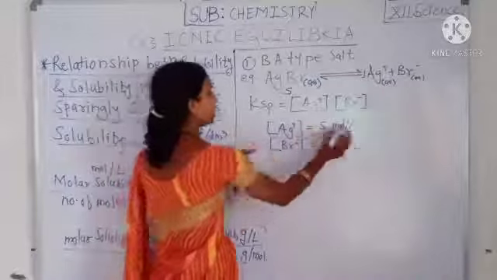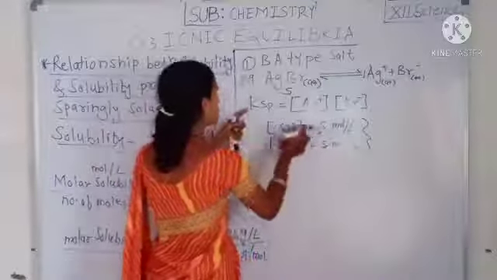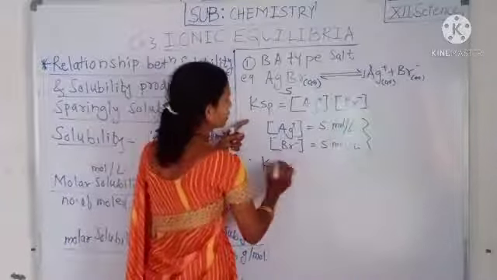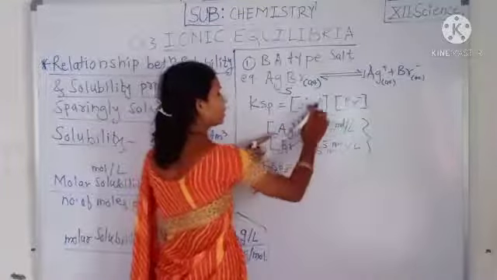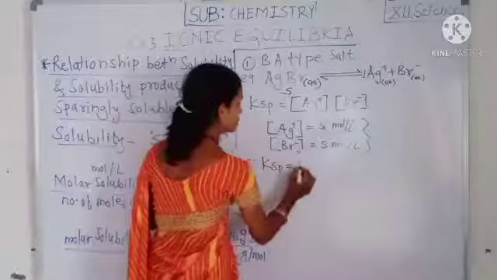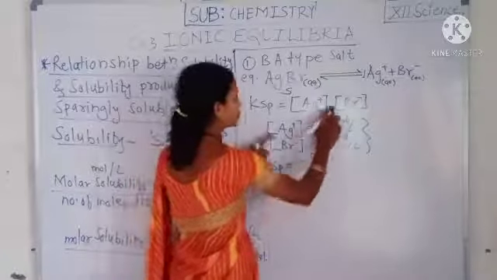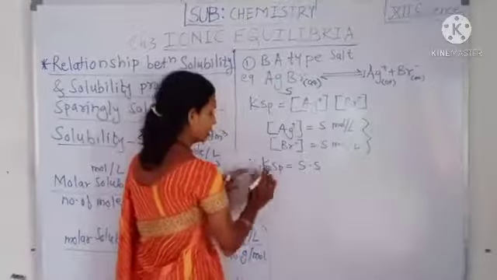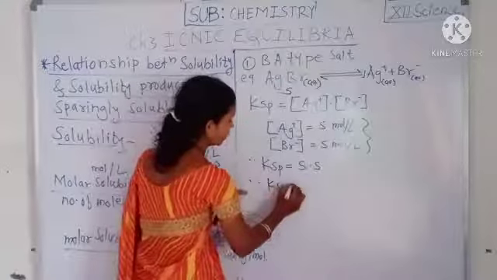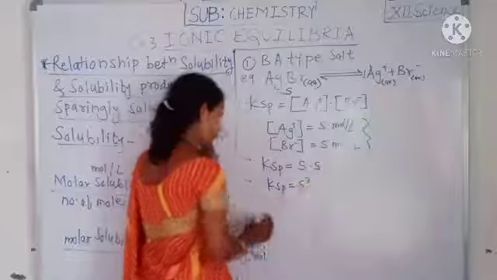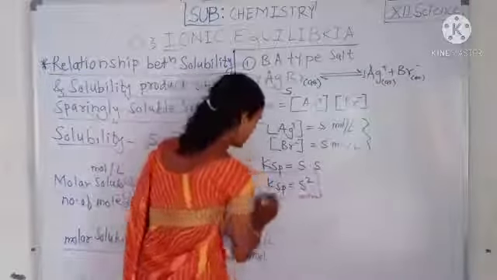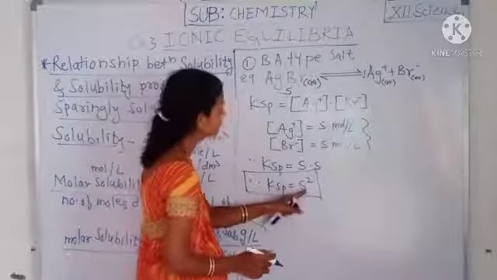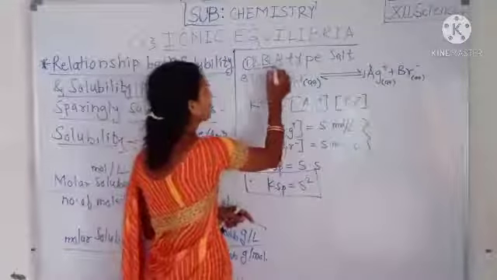Therefore, putting the values in the equation, Ksp is equal to the concentration of Ag+, that is S, into the concentration of Br-, that is S. Therefore, Ksp is equal to S square. That is the relationship between solubility product and solubility of a BA type of salt.